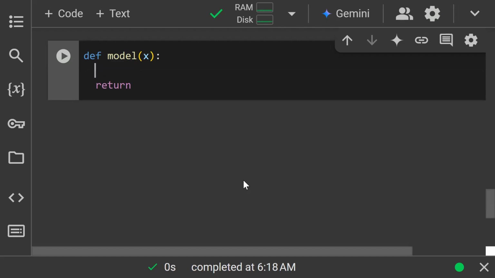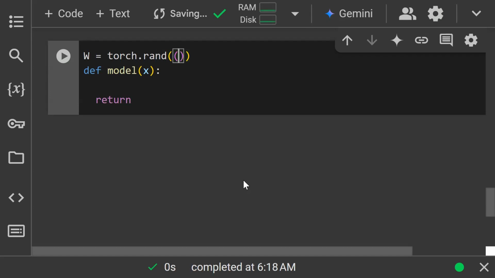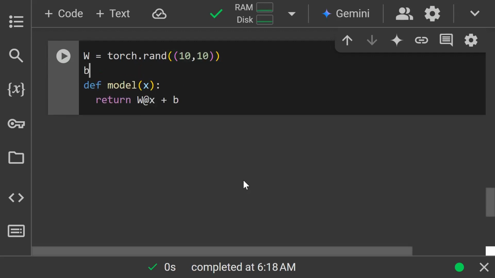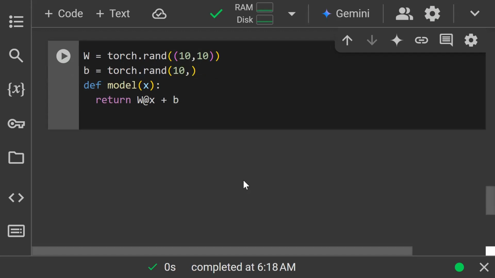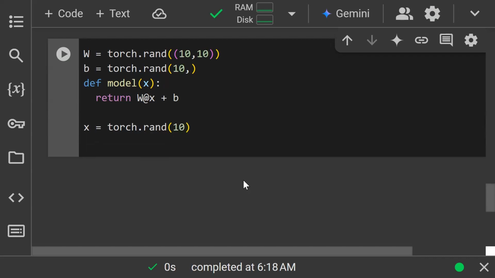I cannot think of any fancy one, so actually, W equals torch.rand, let's say 10 by 10, and then the model is W at X plus B. And then X equals torch.rand of the right dimension.